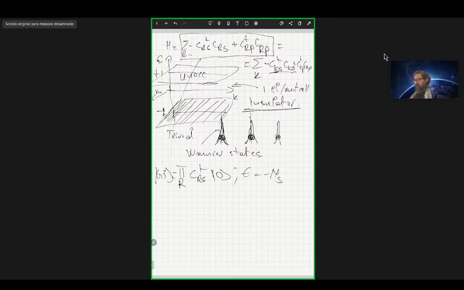If I take a state, for example, fill all the sites except one, and then fill that site R1 with a p electron, then you're going to get minus (ns minus 1), because I'm filling only ns minus 1 sites with s electrons, which have energy minus 1, and I'm going to get energy plus 1 from the p electron.